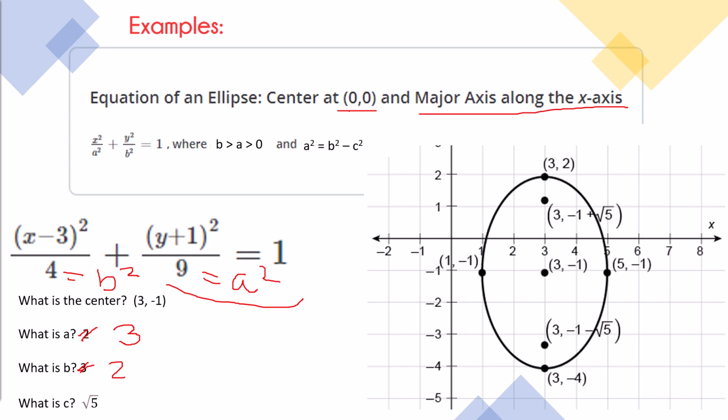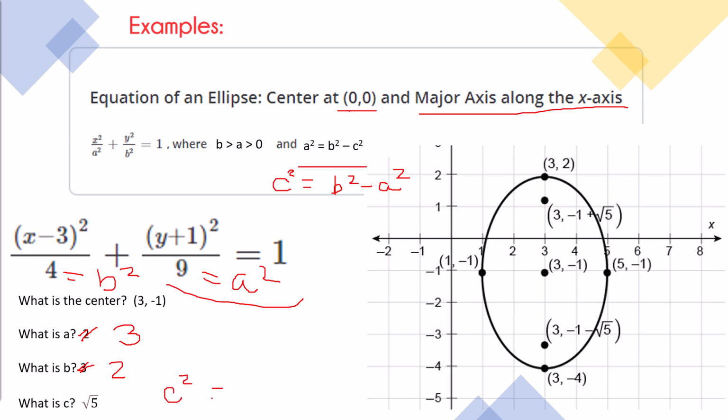And then use this formula up here, or we could switch places with the a squared and the b squared, do your algebraic manipulation, and get c squared equals b squared minus a squared. Okay, so I can just plug those values in.